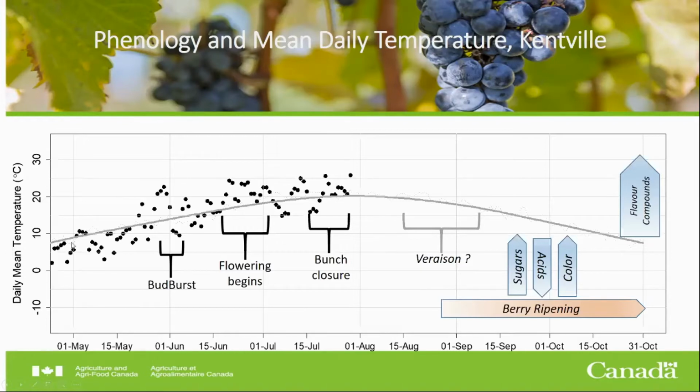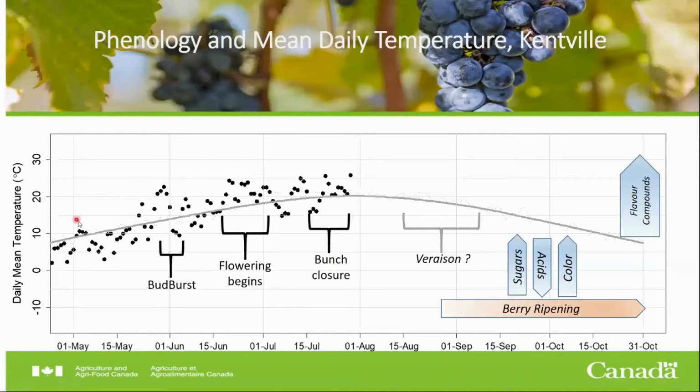So this gray line right here is the same one from that very first graph that I showed you. This is the 10-year mean daily temperature, and it's for the Chemical Research Station. It's the exact one that I showed you on that graph, but I've extended it out right to the end of our growing season just to show where we would expect to be in an average year.